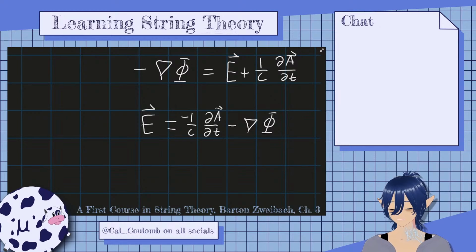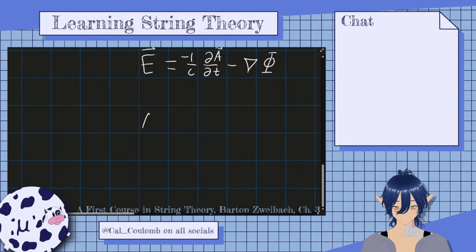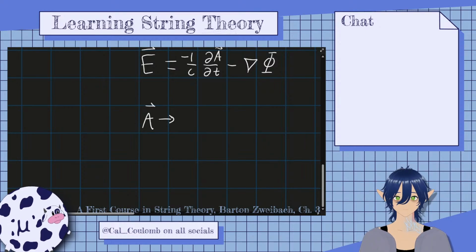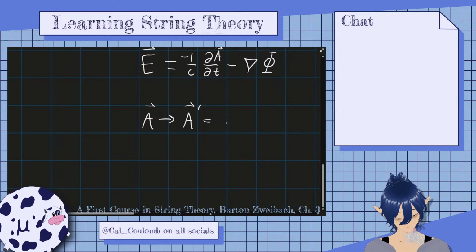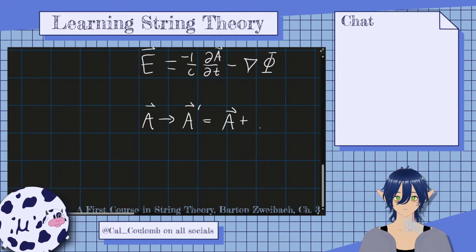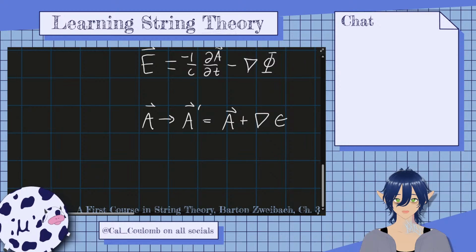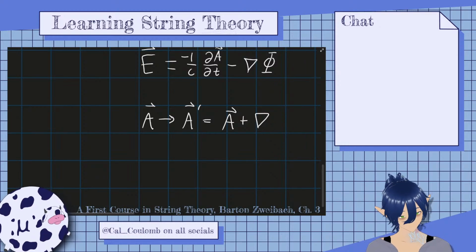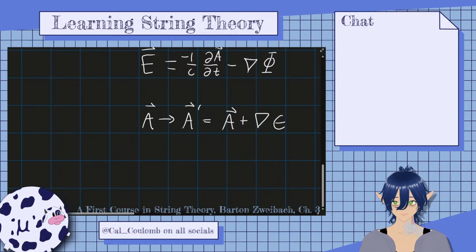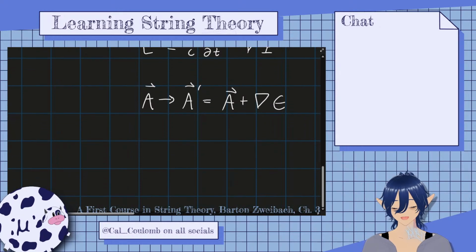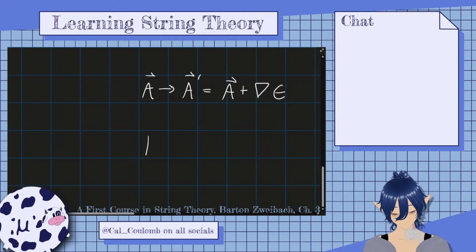If we change A into A prime, so A goes to A prime, which is equal to A plus the gradient of some function, epsilon, where epsilon is an arbitrary function of space and time, the new magnetic field B prime is equal to the old one.